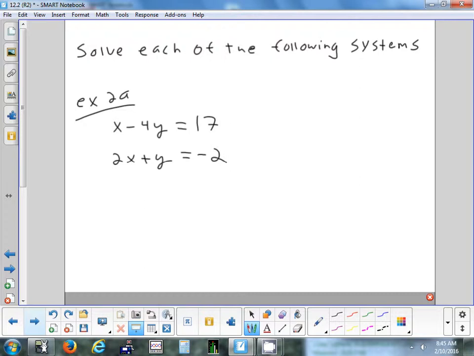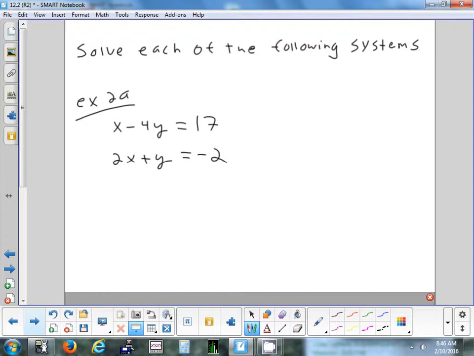Sam? Bottom. Okay, so Sam chose to work with the bottom equation. That's one choice made. Now we have to decide, in the bottom equation, are we going to try to get the x by itself or the y by itself? Which letter would be easier to get by itself?